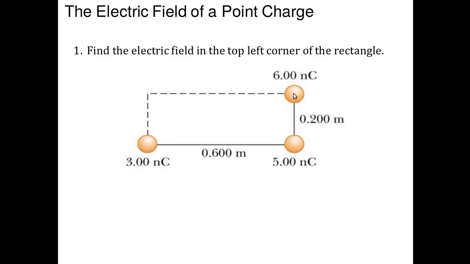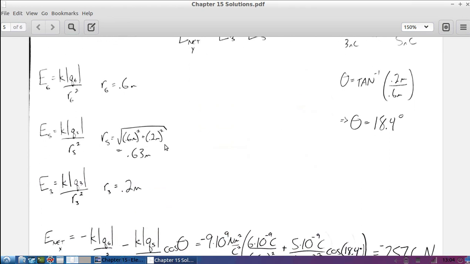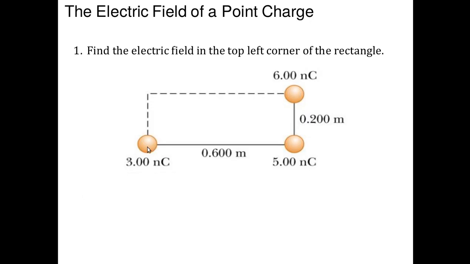So E3, the electric field due to the 3 nanocoulomb charge, is K times the magnitude of the 3 nanocoulomb charge divided by the distance between the 3 nanocoulomb charge and the top left corner, which, the rectangle is marked nicely for me, is 0.2 meters.